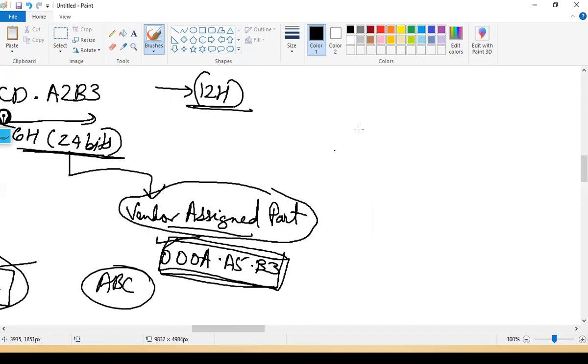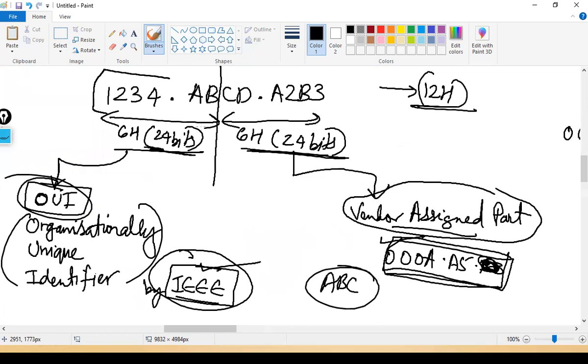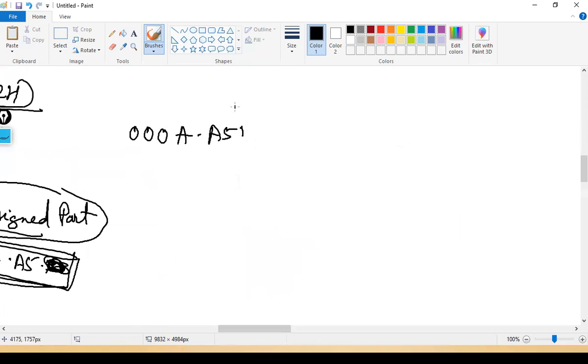And when I manufacture these NICs, my NICs will have up to A5 only, right? So you only have 6 hexa values up to here. So now the value will be like this, 000A A5. And the other values, the NICs that I manufacture will have my own values here.